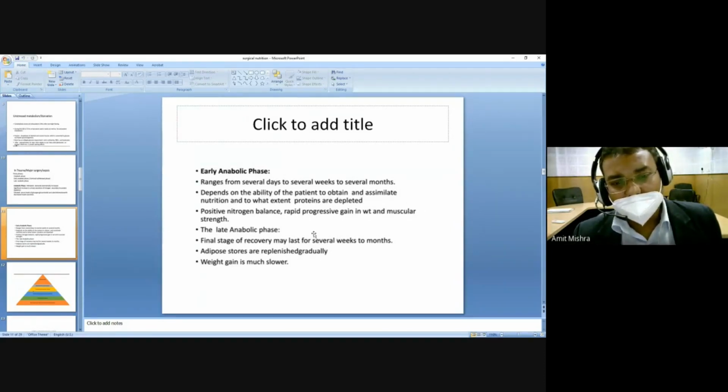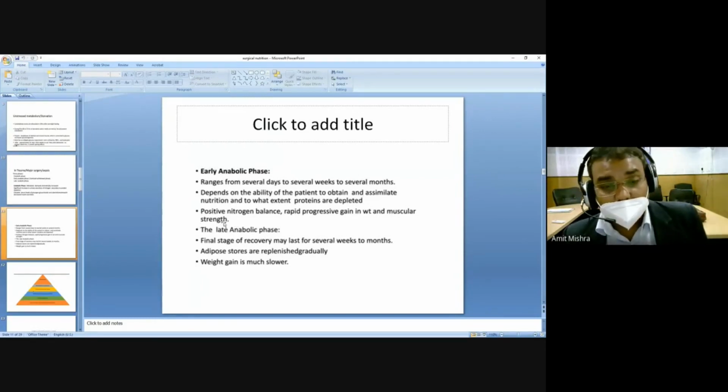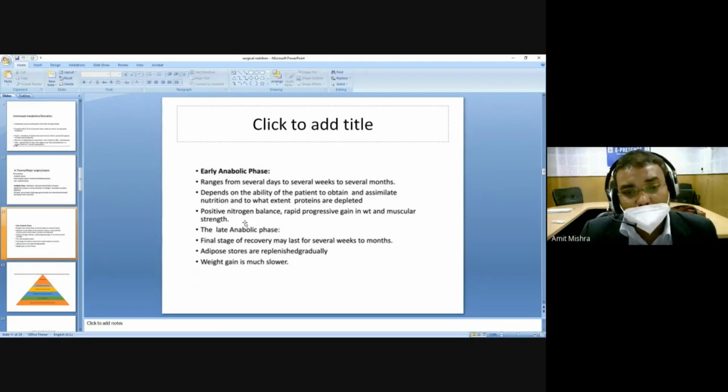So muscular strength will increase, with both hypertrophy and hyperplasia leading to the increase in muscular strength.